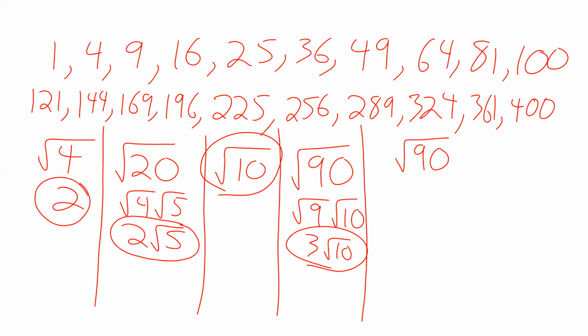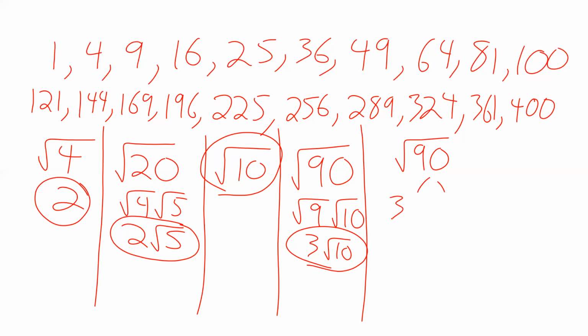All right. So for example, 90. Give me something else besides 9 and 10 that goes into 90. Any other value that goes into 90 except for 9 and 10. All right, 30 and 3.